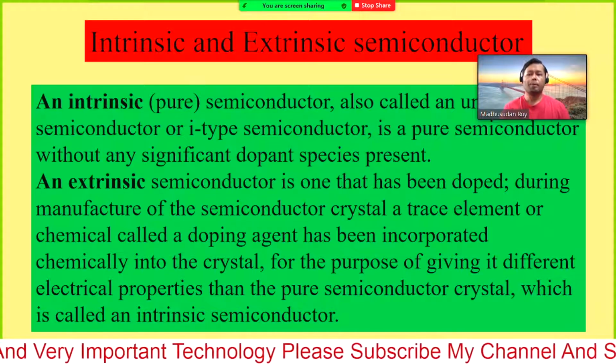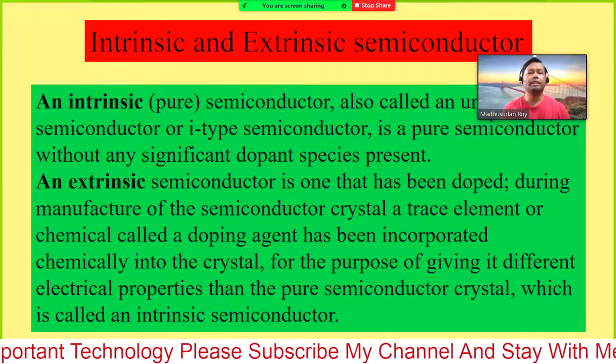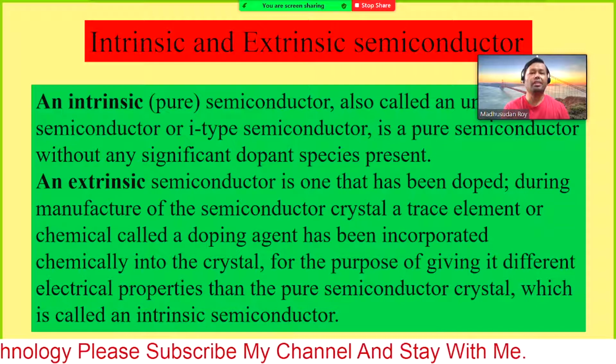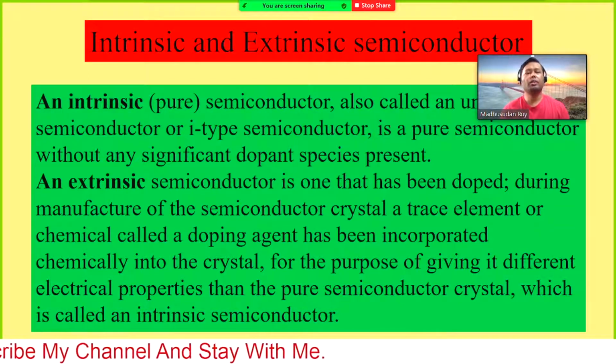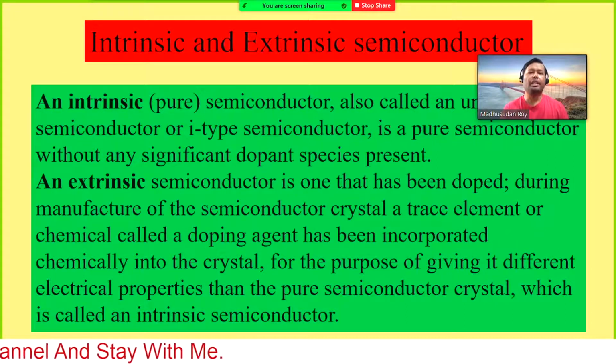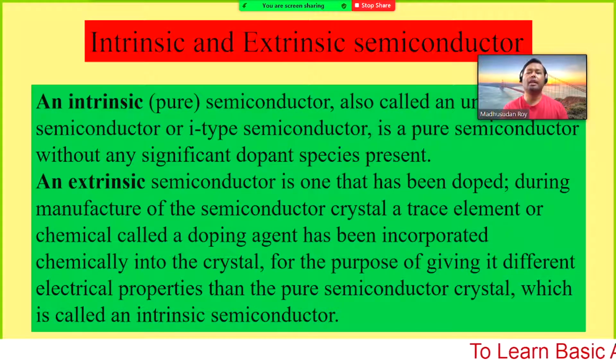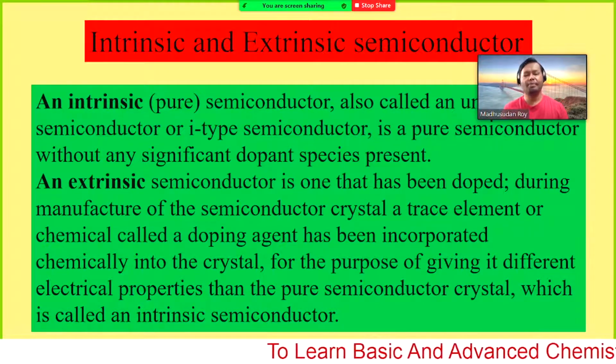However, for conducting electricity or heat we need some free electrons. If we have a pure semiconductor, we do not have free electrons. Then we add some impurity or dopant, an element having 3 valence electrons or 5 valence electrons.